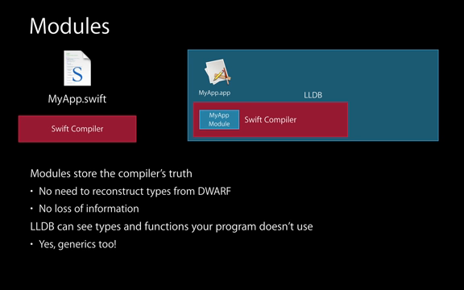It turns out that that won't happen in Swift. Since generics are actually types that the compiler understands natively, and since we have the compiler's very own understanding of the truth, now we get every type and every function through module information, even those you did not use in your source code, and even generic ones.